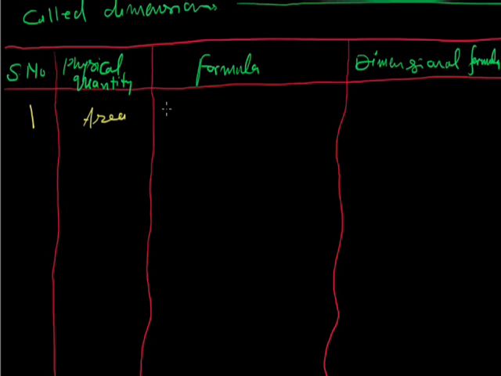Area is length into breadth, meaning L into B, and L is measured by meter, which is the unit of length. Again, breadth is also measured by the unit of length. It will be equal to L2, and in the form of dimensional formula, mass is 0, L is 2, time is 0.